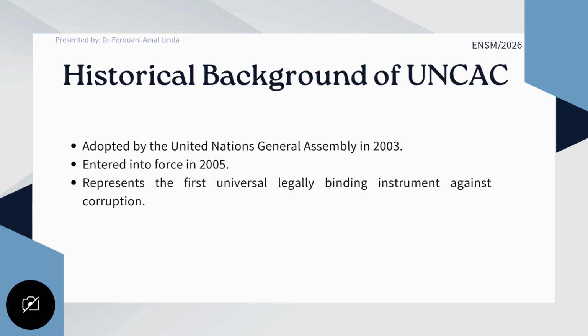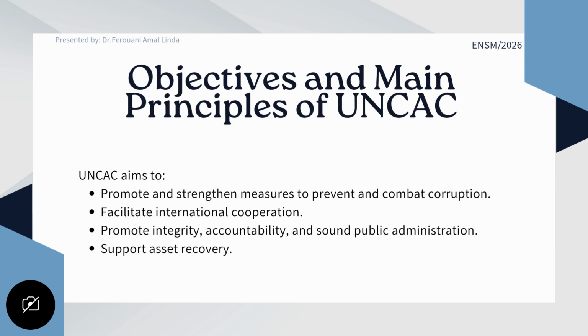Let us now examine the objectives and guiding principles of the Convention. The Convention pursues several fundamental objectives. First, it seeks to promote and strengthen measures aimed at preventing and combating corruption more effectively. Second, it aims to facilitate international cooperation and technical assistance among states.